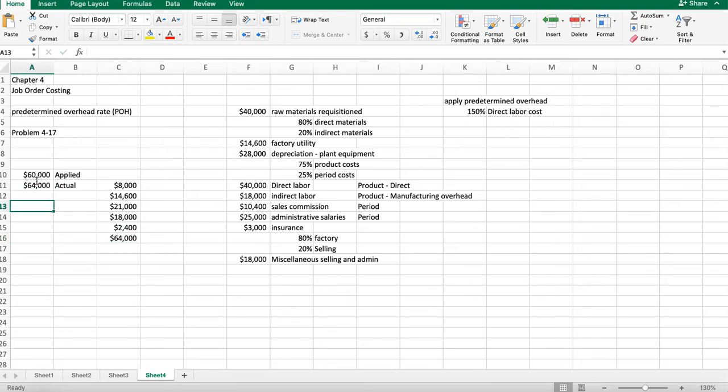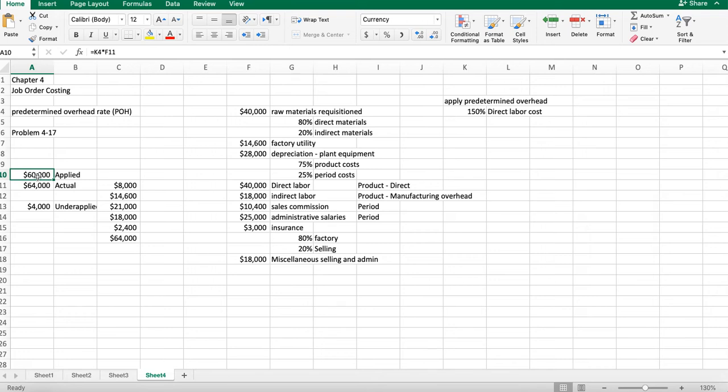So what that means is I underapplied $4,000 of overhead. Now think about what that means in reality, big picture. As the year went by, I was applying overhead, and I applied 60,000, but I actually spent 64. So the cost of my products isn't high enough.